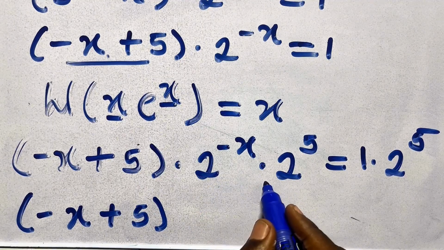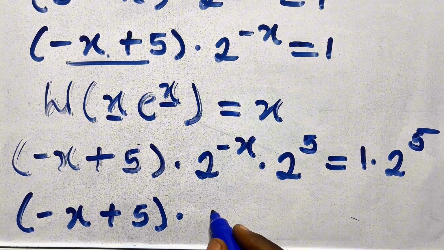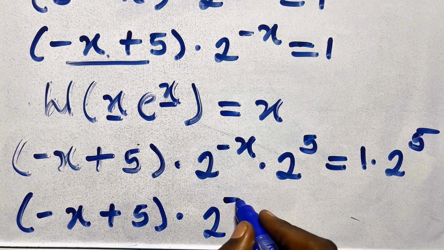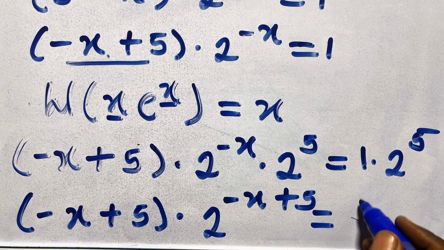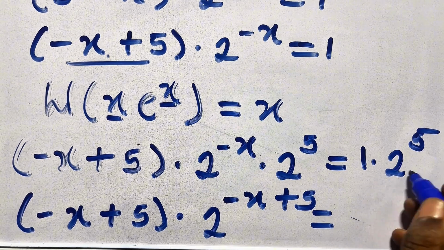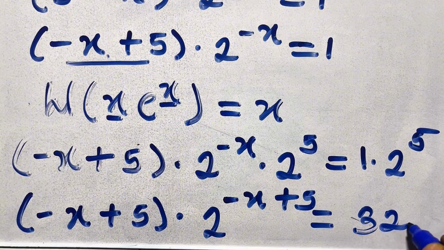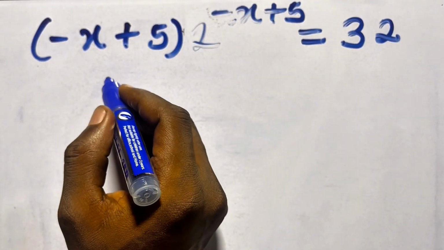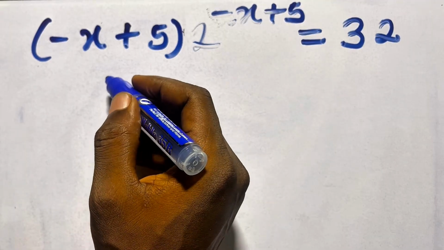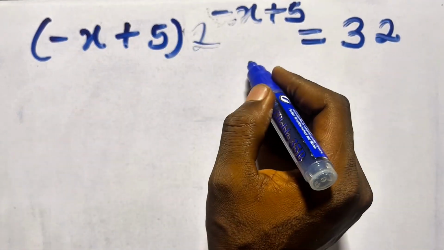So what we will have now is minus x plus 5. From the law of indices, when numbers with the same base are multiplied, their powers are added. So we can add minus x plus 5, and this equals 1 times 2 raised to the power 5, which is 32. Now, you remember I said earlier that to apply the Lambert function we need exponential x.